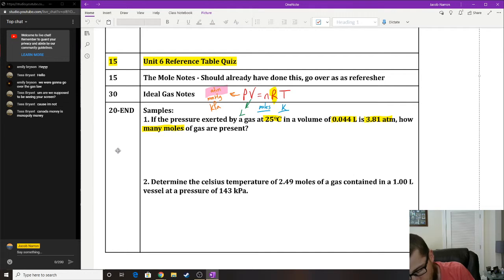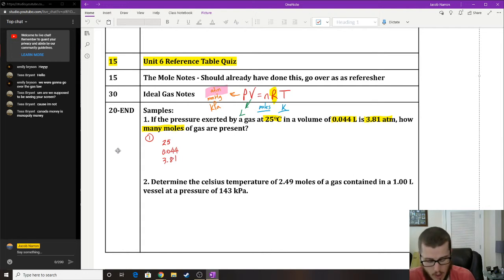So step number 1, as I hope you all know, is to write what you know. Write down what you're given. And guys, I've seen a lot of you do this: you just say, I got 25, I got 0.044, and I got 3.81. That's what I know. Guys, that means nothing until you put some context around it.